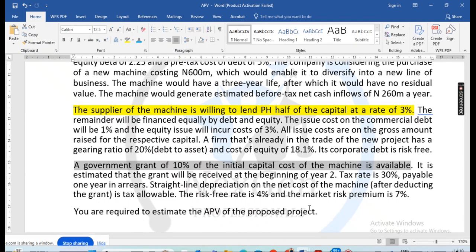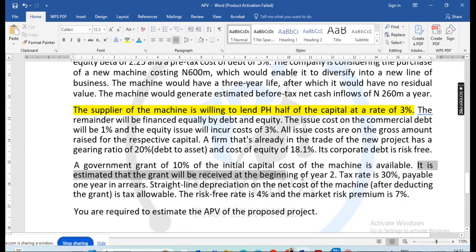Now, it is estimated that the grant will be received at the beginning of year 2. I know most students will quickly go and put this grant in year 2, since it says the beginning of year 2.